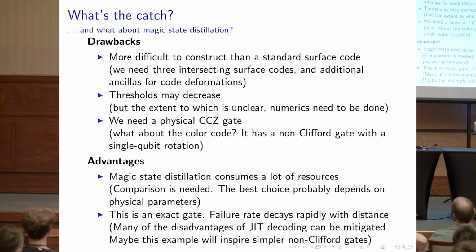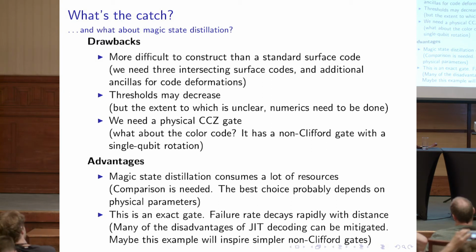It's going to be harder to build, because we need all these extra ancillas kicking around to produce thin layers of 3D surface code. And we also have to intersect 3 surface codes on top of one another. The threshold's going to go down, but I'm optimistic it shouldn't be too much. I wouldn't want to stake any guesses on how much.